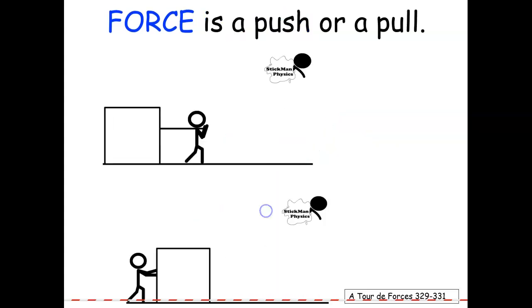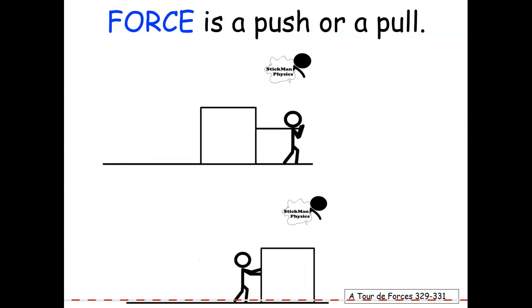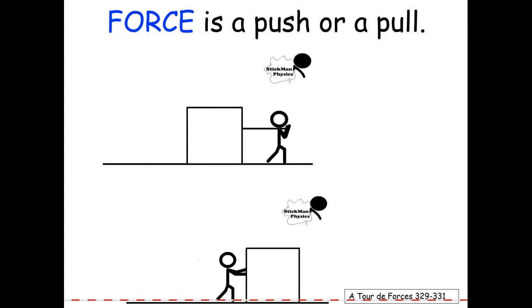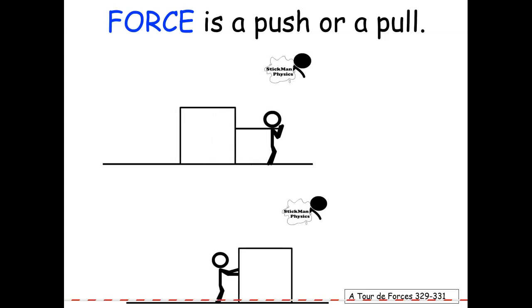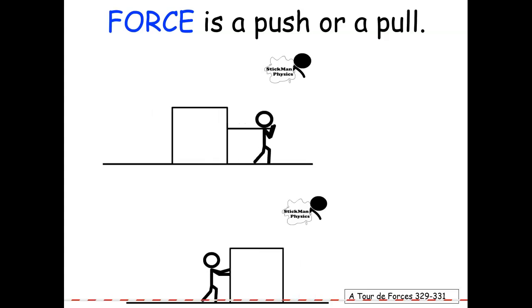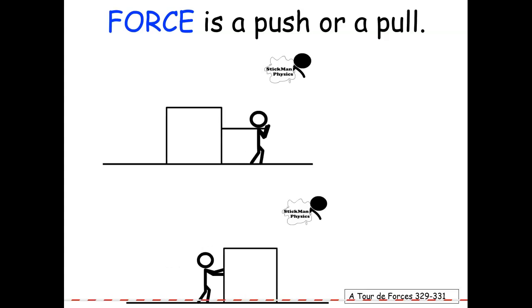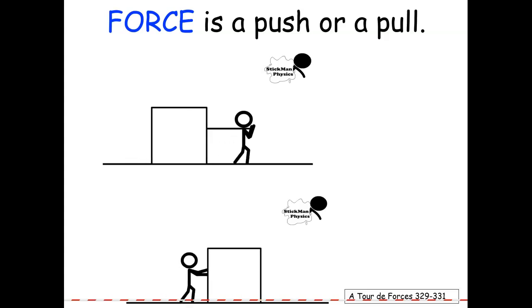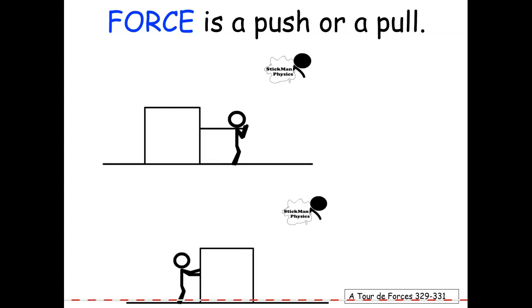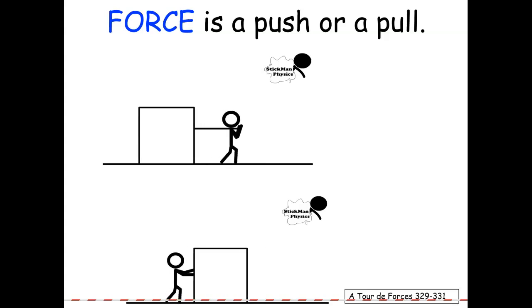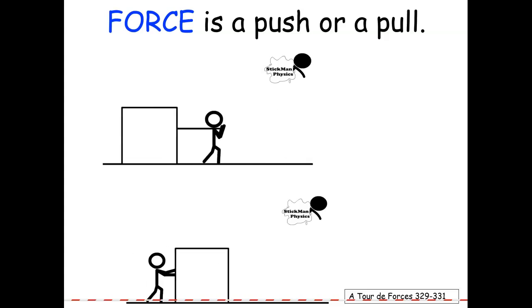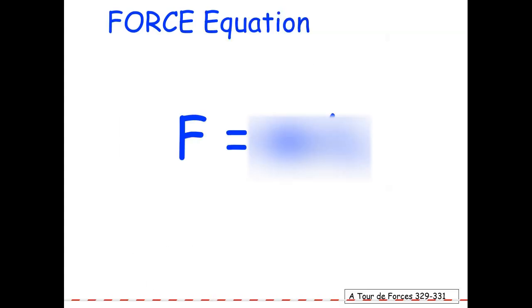In the top graphic, you have the stick guy pulling a box across the floor. And in the bottom example, you have the stick guy pushing the item across the floor. So force is a push or a pull. When you threw the ball up in the air in our first example, you were pushing it up and gravity was pulling.